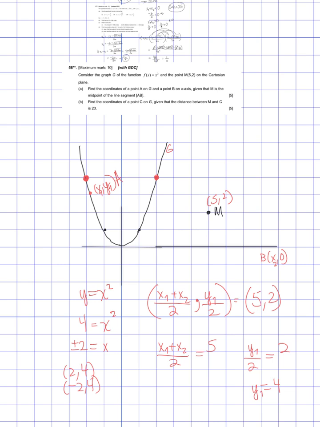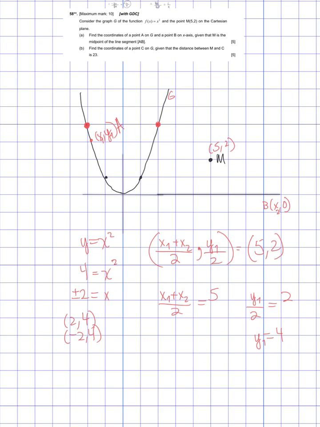And if we have that, then we have two cases here. You know, this could be x1 or this could be x1. So if x1 is 2, I have 2 plus x2 over 2 is 5. So that would mean x2 is 8.